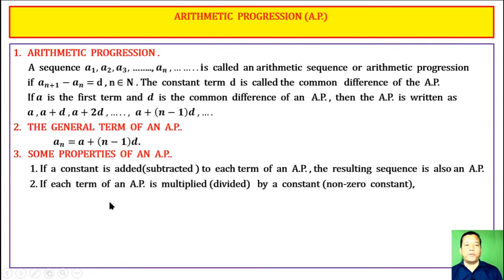If each term of an AP is multiplied or divided by a non-zero constant, then the resulting sequence is also an AP.